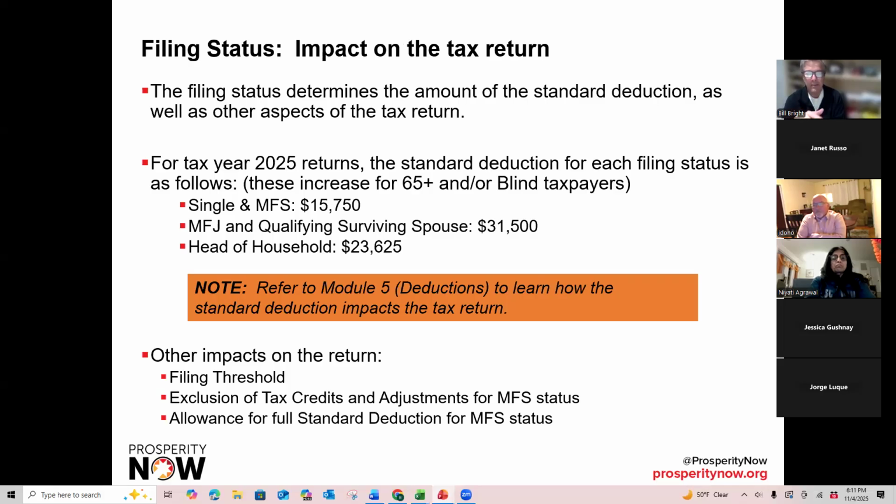And we'll get to the differences between the standard deduction and itemized deductions in 2 weeks. Other impacts on the tax return: the filing threshold, certain exclusion of tax credits if you file married filing separate, and allowance for the full standard deduction for married filing separate status.